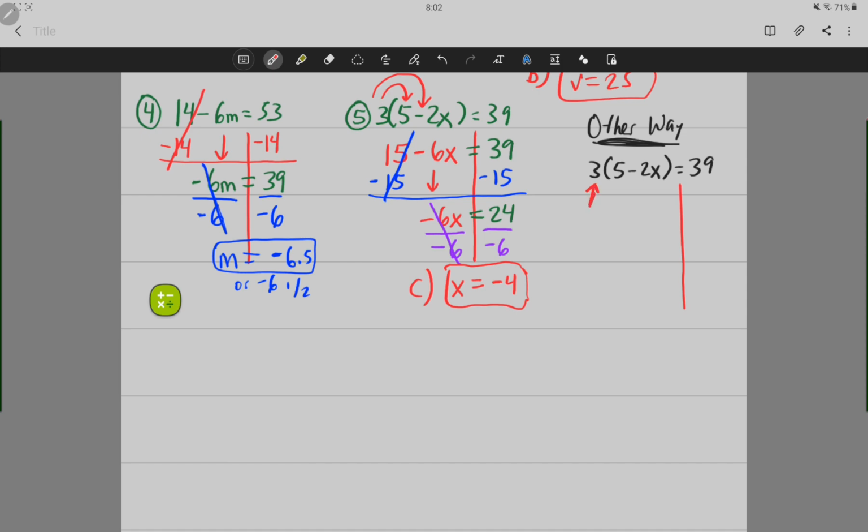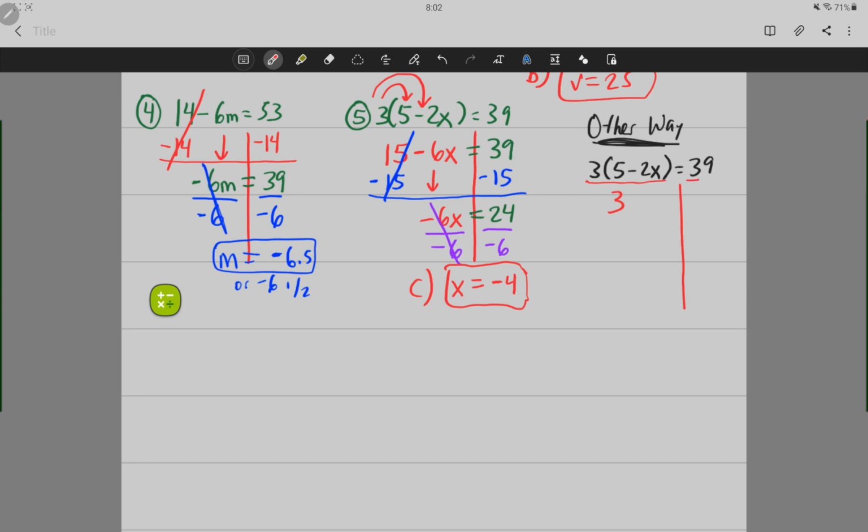So instead of distributing like we did, let me just draw our arrow over here, we did 3 times 5 and 3 times negative 2x. Well, if we're looking at that 3, since it's 3 times 5 minus 2x, we know that we're looking at multiplication. So right away, we can divide by that number 3.